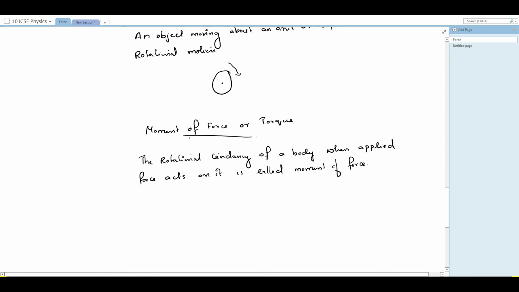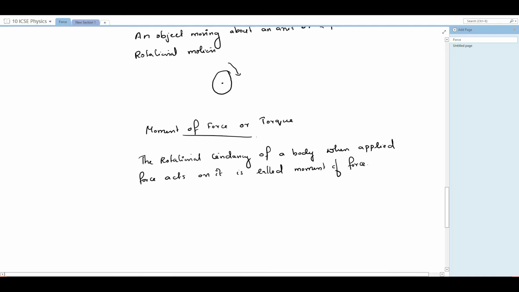So moment of force is when an applied force acts on an object, the turning effect generated in the body is called moment of force.